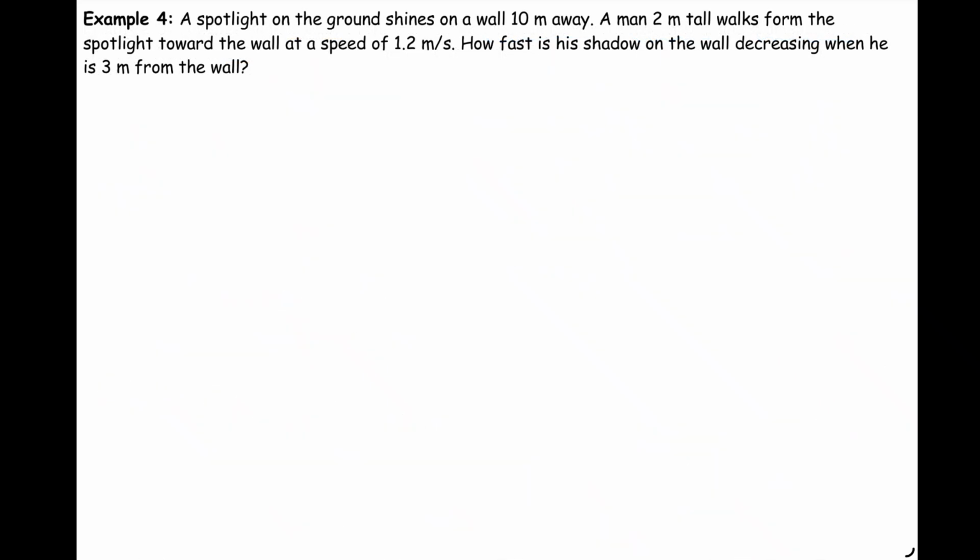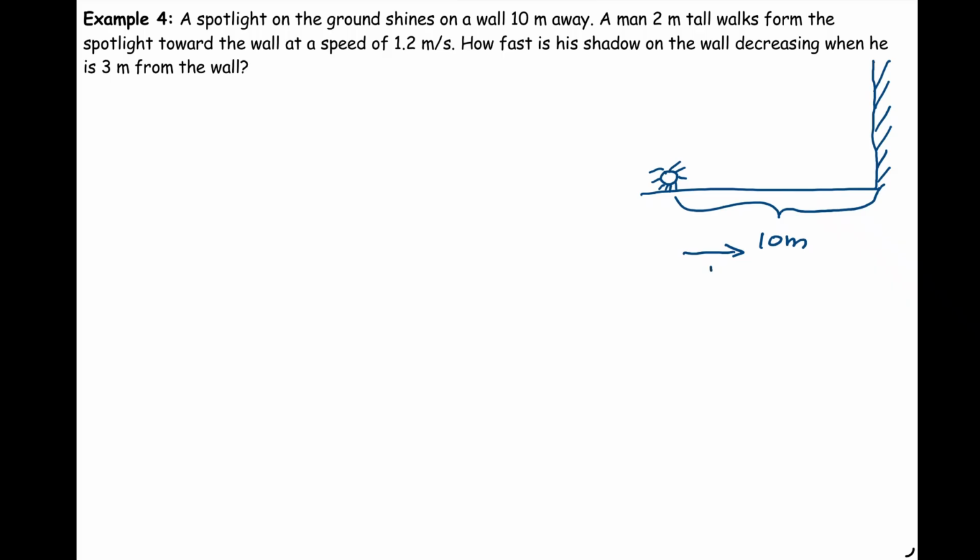So now we are going to look at example 4, a spotlight on the ground. So on the ground, a spotlight shines on a wall 10 meters away. A man 2 meters tall walks from the spotlight toward the wall at a speed of 1.2 meters per second.